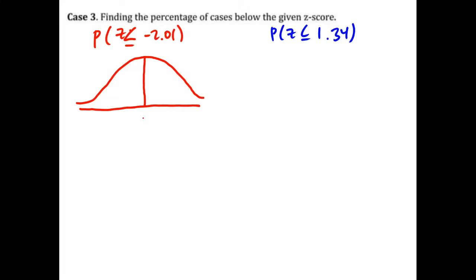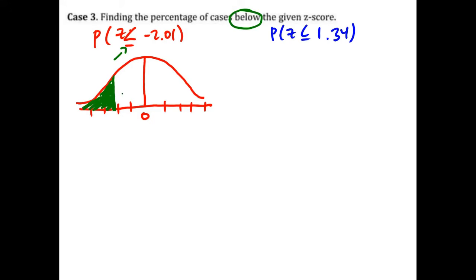This is 0, of course, negative 1, negative 2, negative 3, negative 4, 1, 2, 3, and 4. So, nasan dyan yung negative 2.01? Nasa left. So, dito tayo kukuha. So, meron tayong less than or below. Ano ibig sabihin ng less than or below? Mas mababa. So, anong area yung isi-shade natin? Yung nasa left. So, itong part na ito.